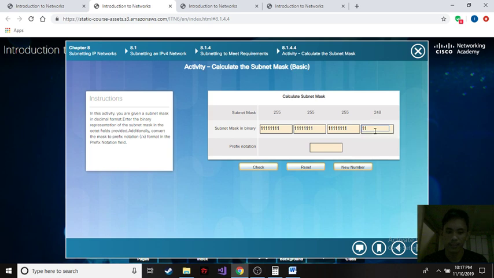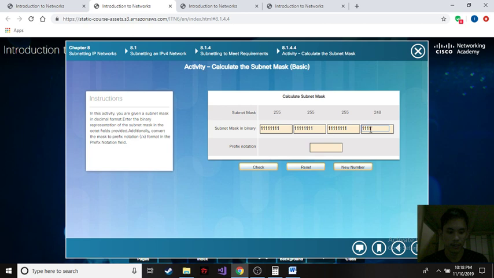So we'll enter 1. And then plus 16. Still not the 248 value. So next is plus 8. So here, now that we get the 248 value, the remaining slots for the bits will be 0.